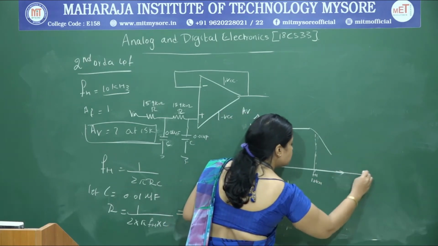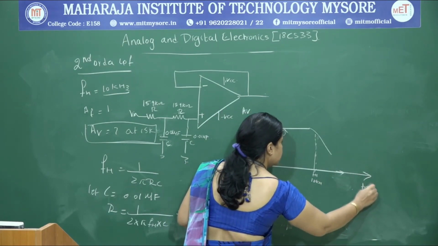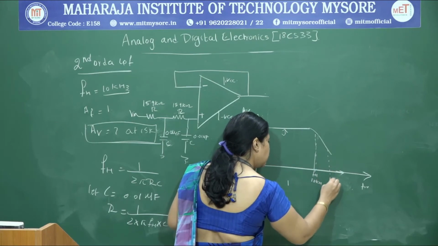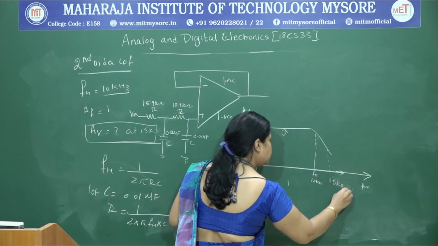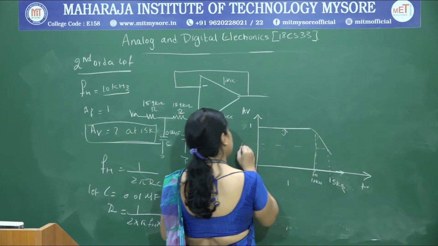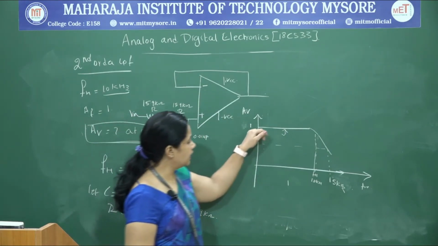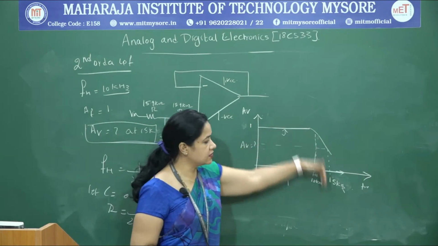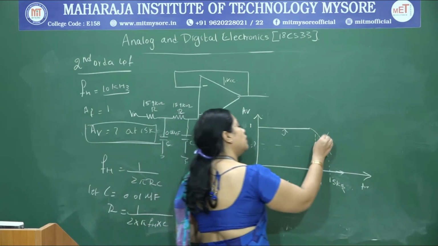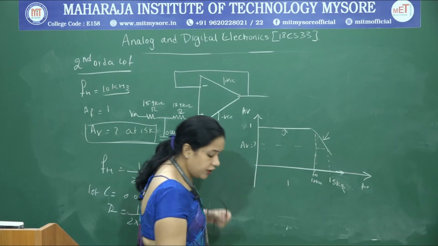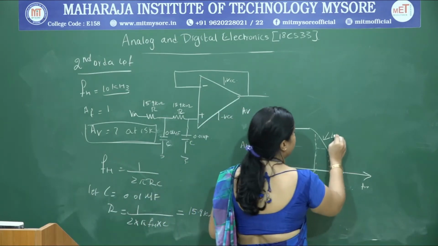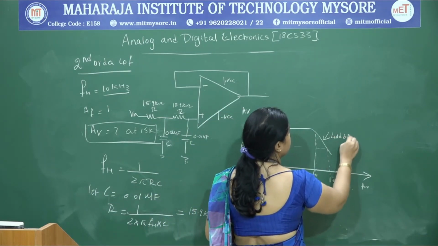Now, you are asked to determine the gain at 15 kilohertz. Obviously, it is going to be less than 1 because it is attenuated, and it is rolling down at a rate of 40 decibel per decade.